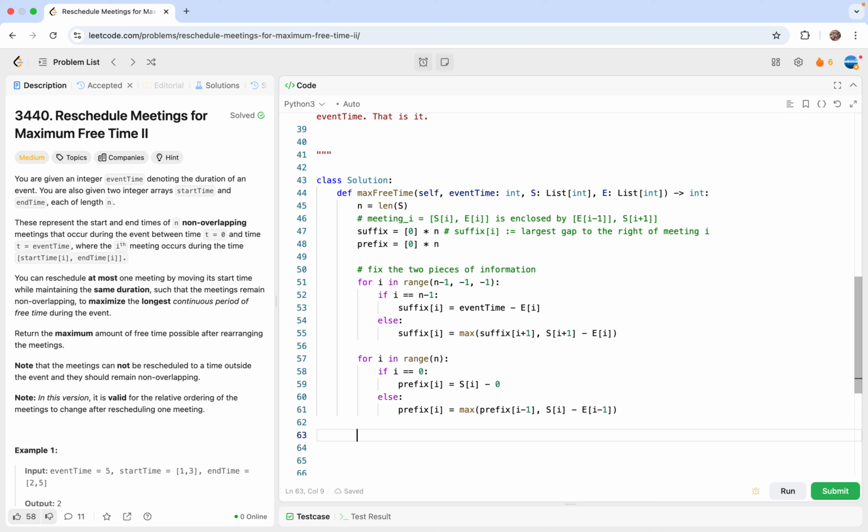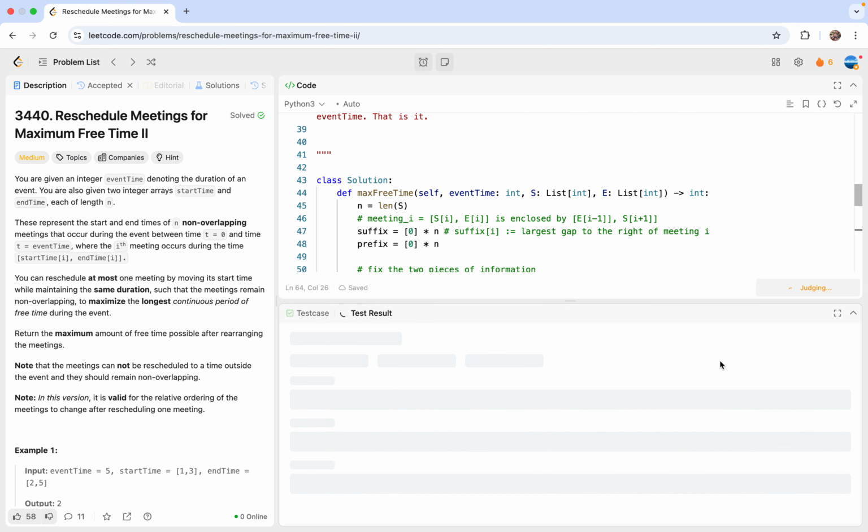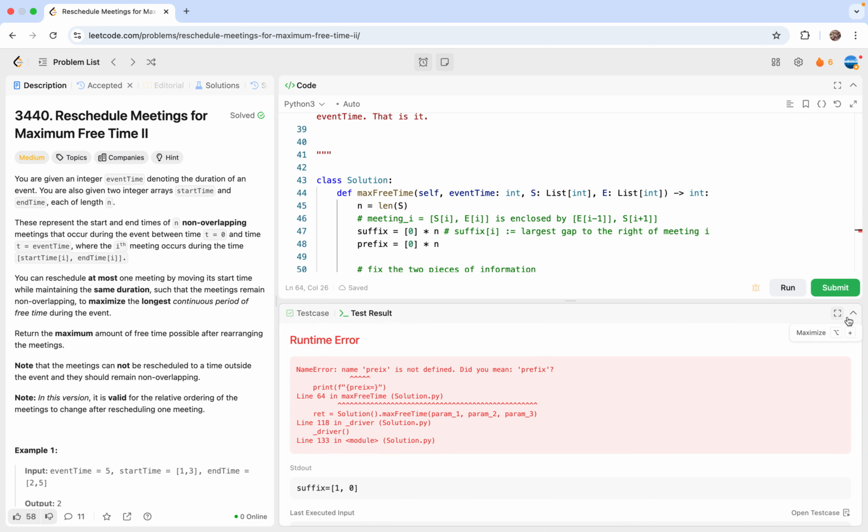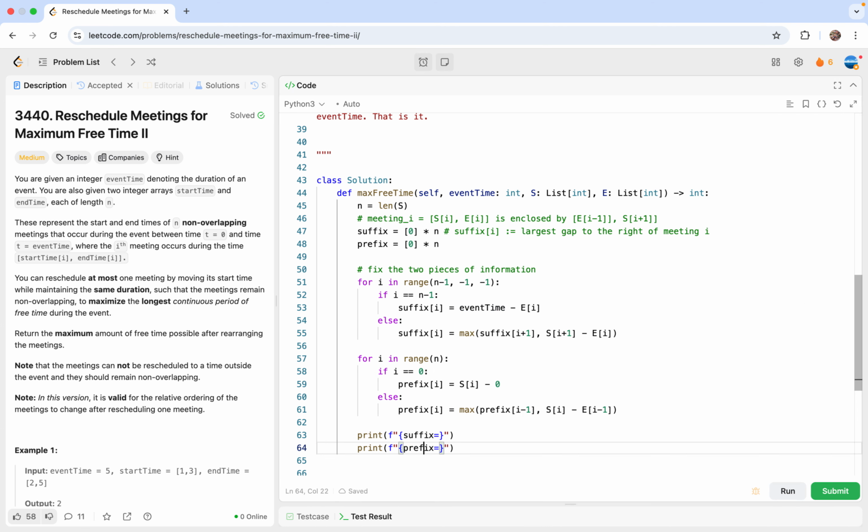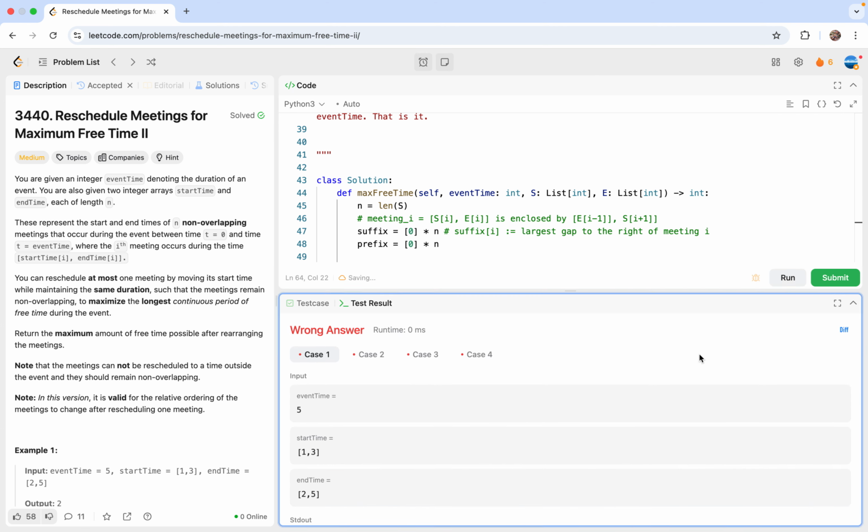So actually you can print out this prefix and suffix. Let's do it. Prefix not defined. Prefix. Right.